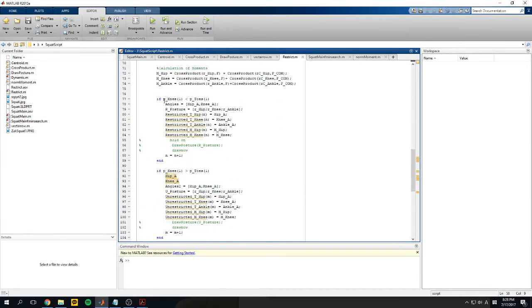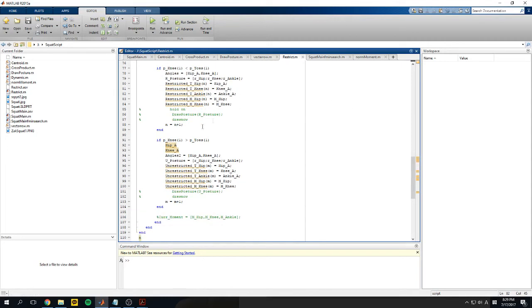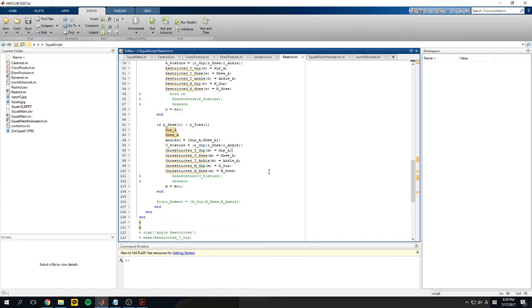If the x position of the knee is less than the x position of the toes, which means it is a restricted squat, all of these restricted variables are updated. On the other side, if the position of the knee goes past the toes, then all the variables of the unrestricted are updated.